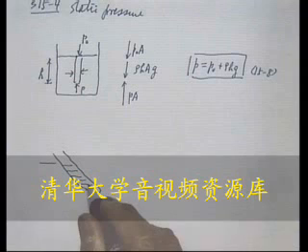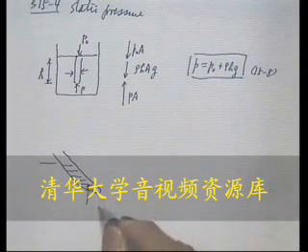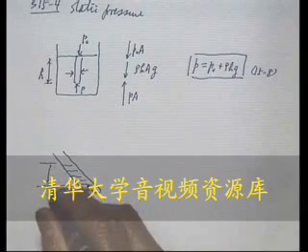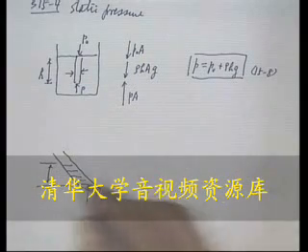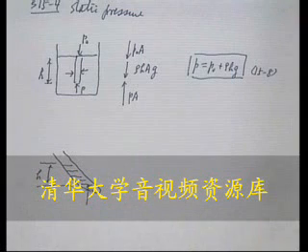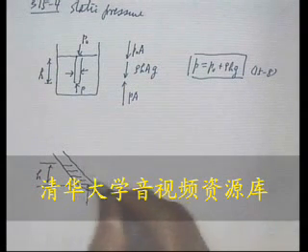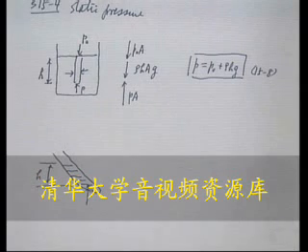Then when we talk about the pressure here, that pressure is increased by rho gh, and that is h. So remember, h is always the vertical distance. You don't take this oblique distance. Is that clear to everybody?